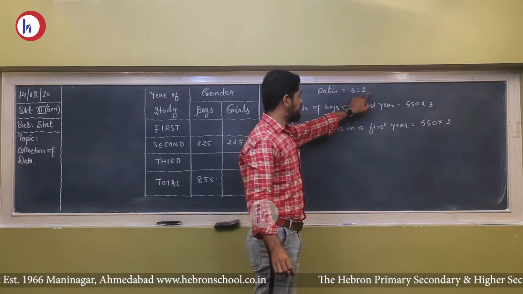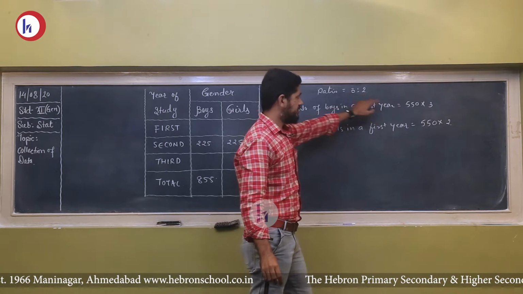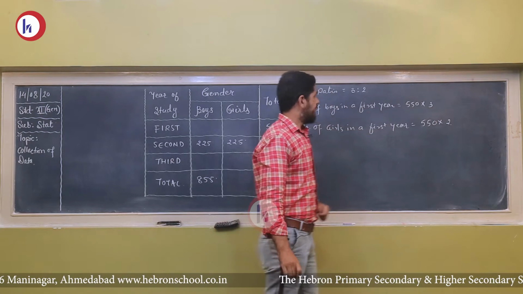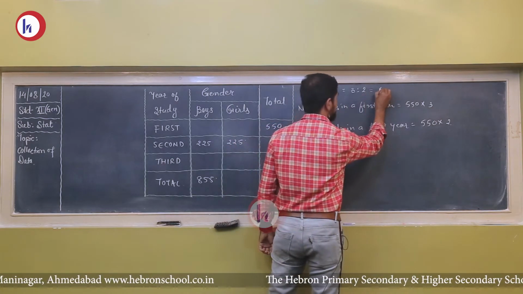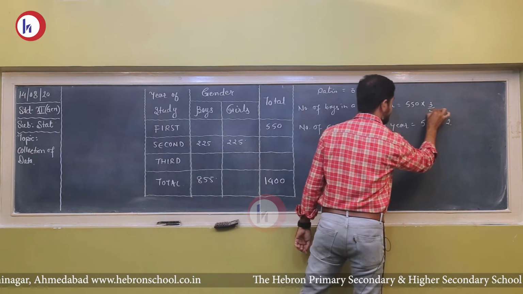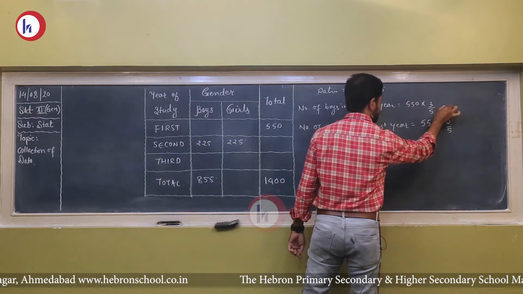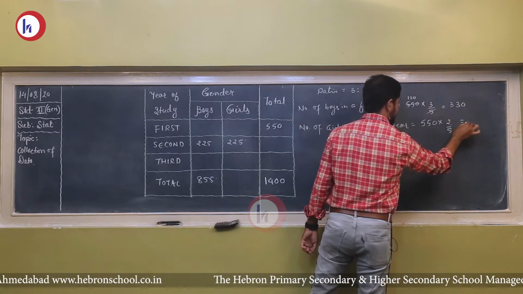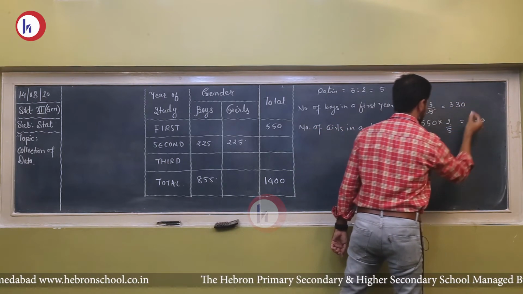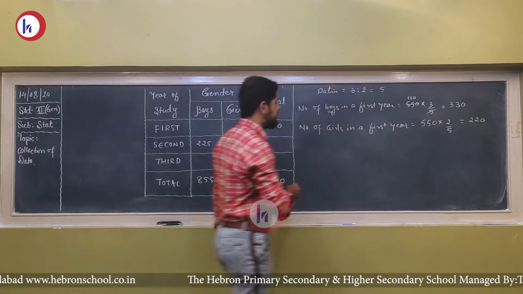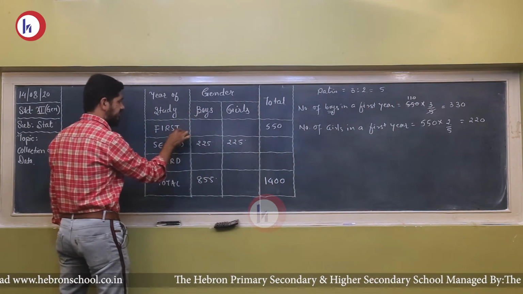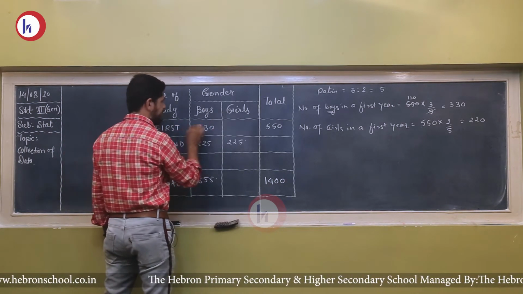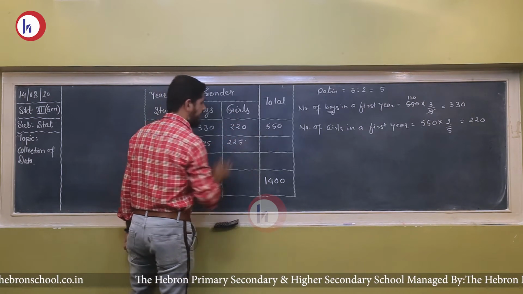Now the ratio is 3:2, so I multiplied this amount as the total number of students studying in the first year. Now the sum of the ratio is 5, so we will divide both these values by 5. Now let's calculate. 10 will be 330 and it will become 220. So the number of boys in the first year is 330, and the number of girls in the first year is 220, which will be 550.